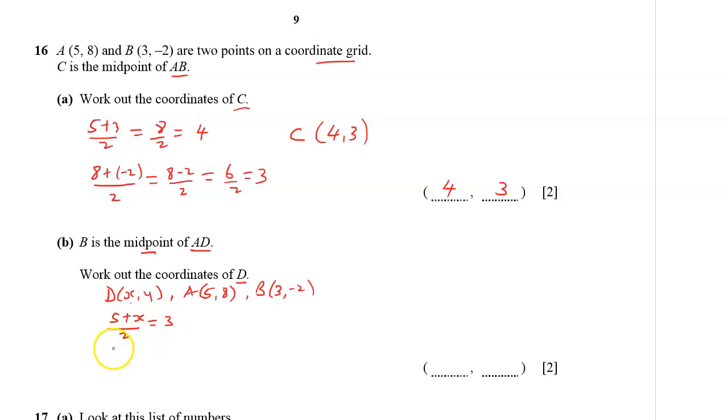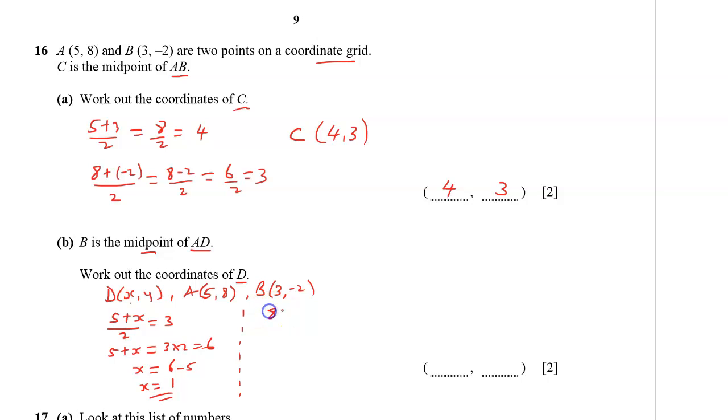And so for X, 5 plus X, we multiply both sides by 2, which gives us 3 times 2, which is 6. Therefore, we subtract 5 from both sides, X equals 6 minus 5. X is 1. Right, for D. Then for Y, we know that Y plus 8 divided by 2 gives us -2.